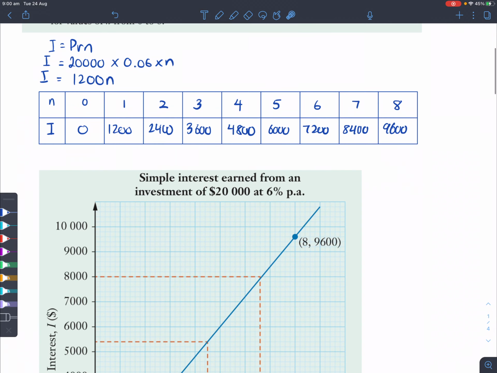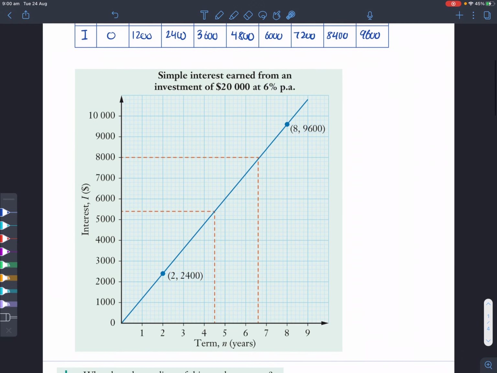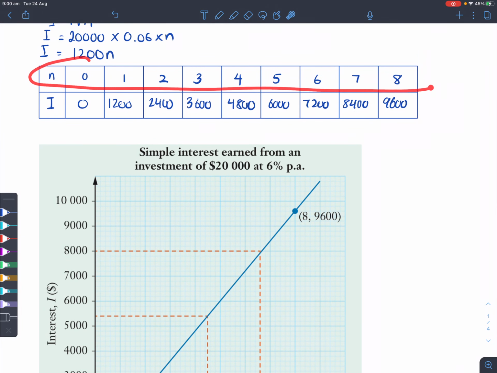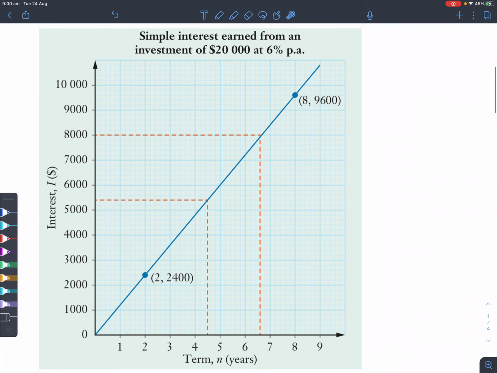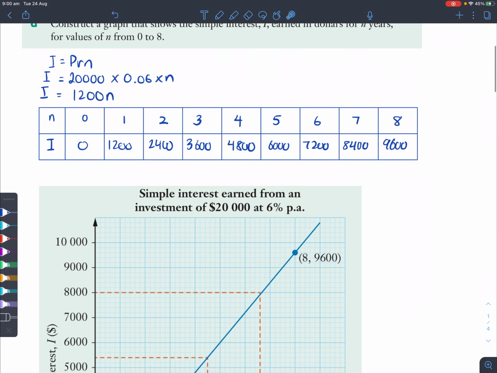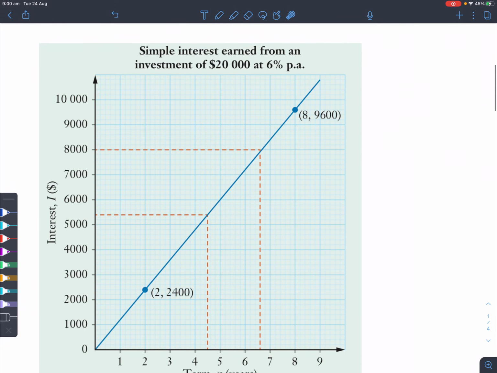Once we get that and we graph this out, using graph paper you would have your n value, which is your independent variable, on the x-axis, and your interest values on the y-axis. You can just go up by 1,000.